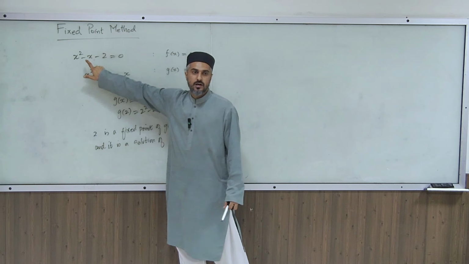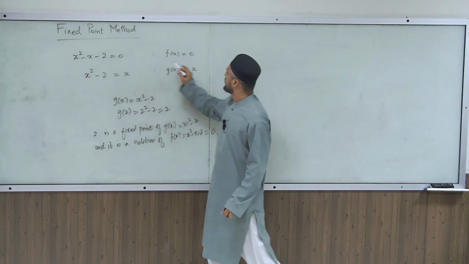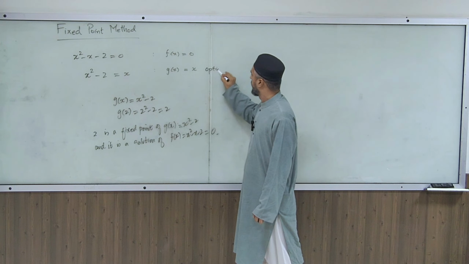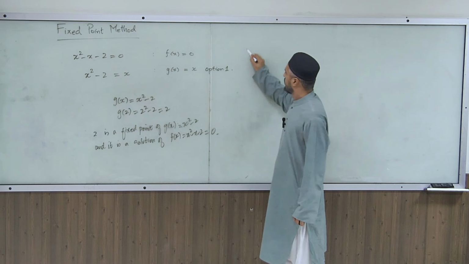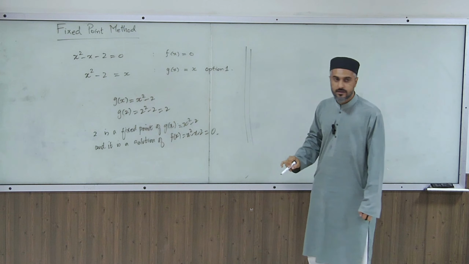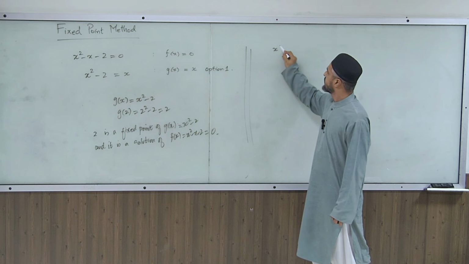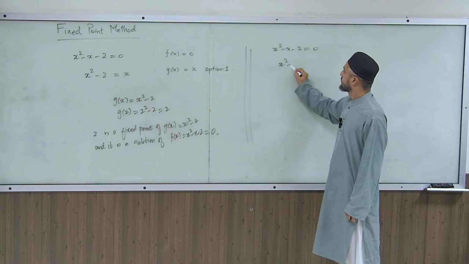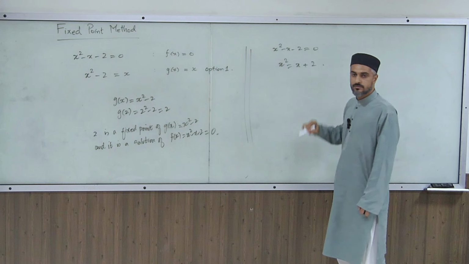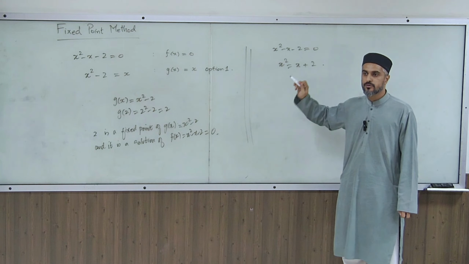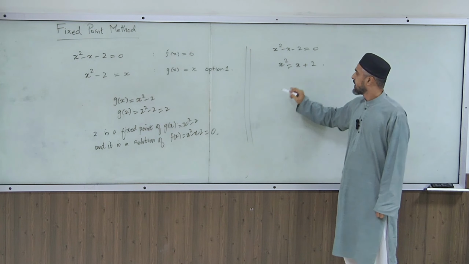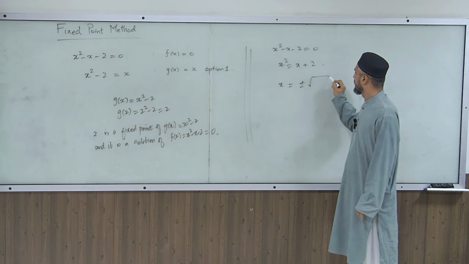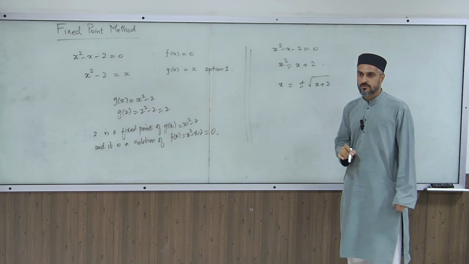You can also argue that, for example, this is option 1. You can also say that, if f of x equals 0, I can also write x squared equals x plus 2, and let's take a square root on both sides. If I take the square root on both sides, x equals plus minus square root of x plus 2.